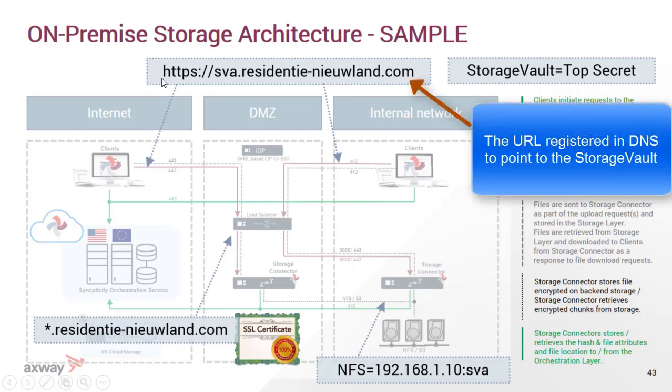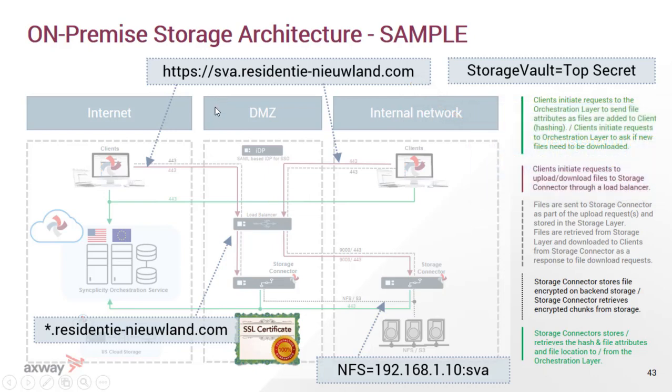For the storage vault, I have configured a URL, https://sva.residencenewland.com. That's registered in my internal and public DNS, and I can accept traffic on that URL. It will arrive at the load balancer. On the load balancer for my demo, I have a wildcard.